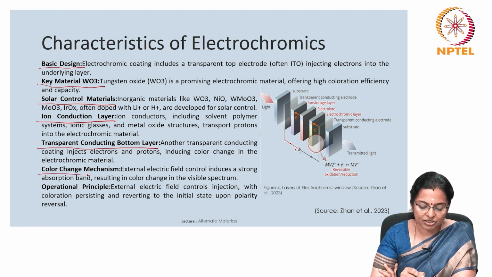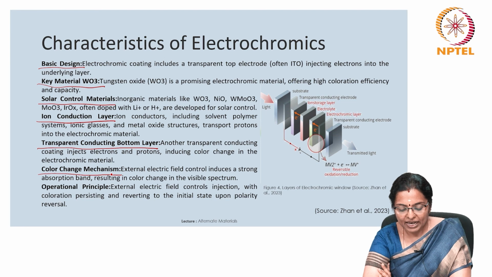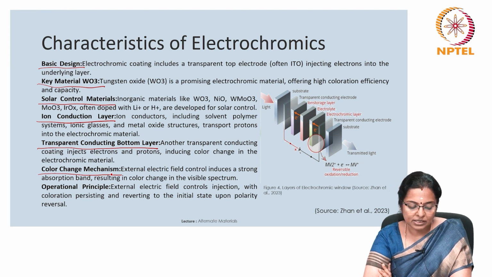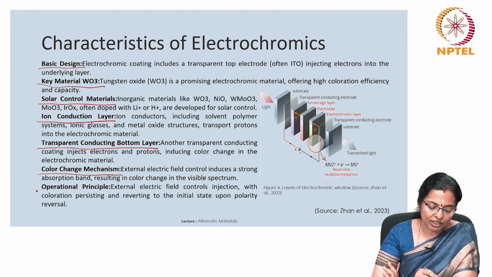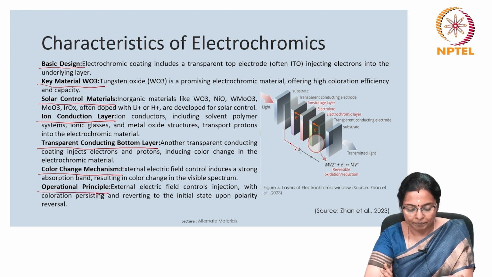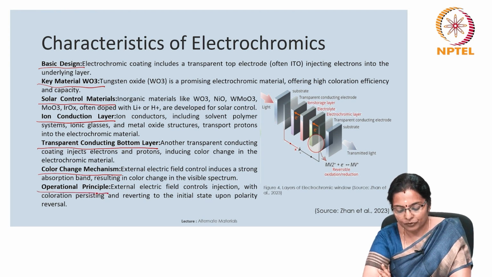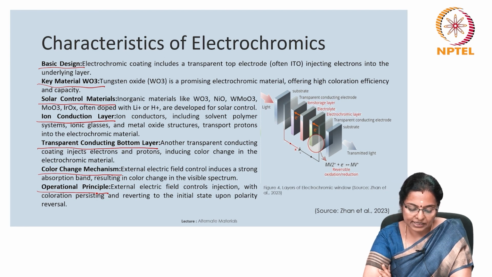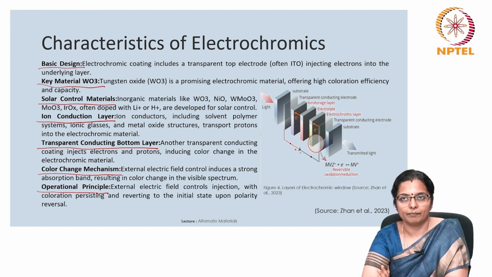Then there is the color change mechanism. An external electric field induces a strong absorption band resulting in color change in the visible spectrum. Then we have the operational principle. The external electric field controls injection, with coloration persisting and reverting to the initial state upon reversal of polarity.